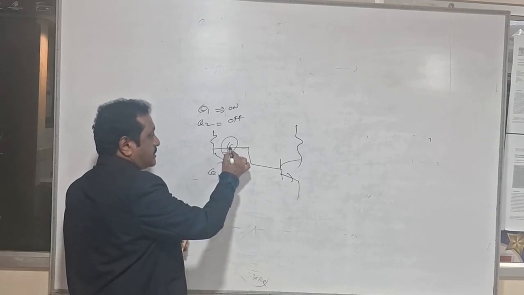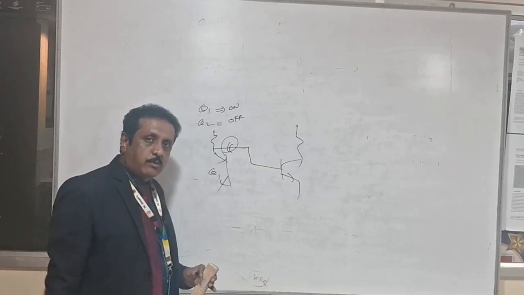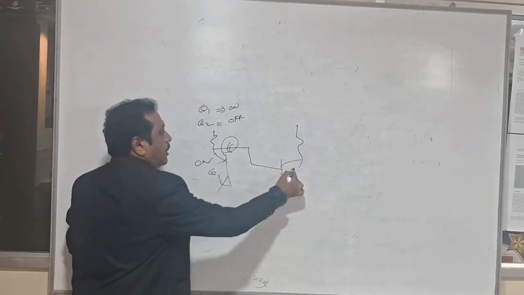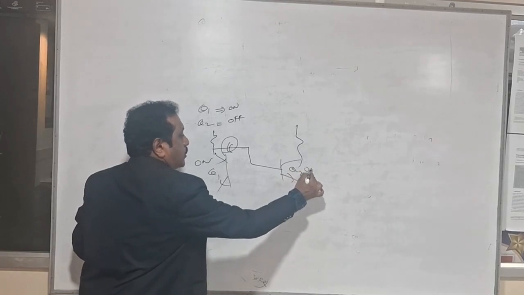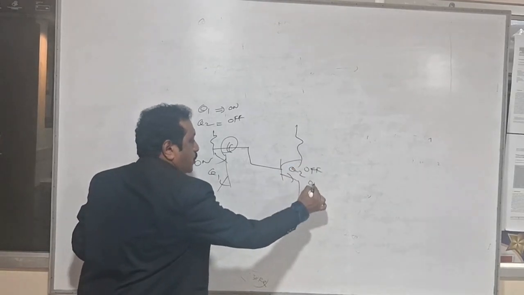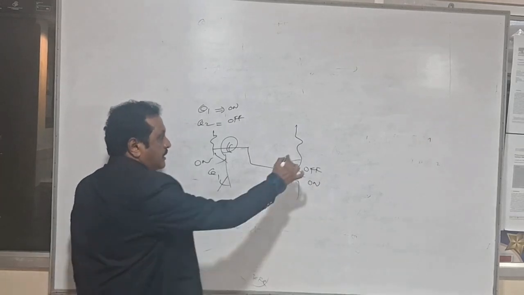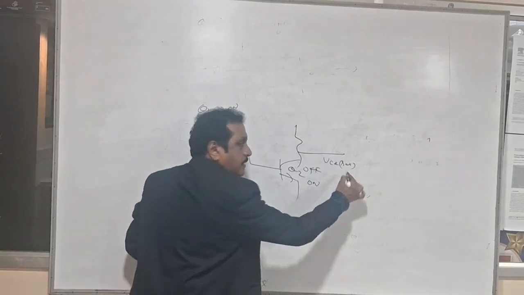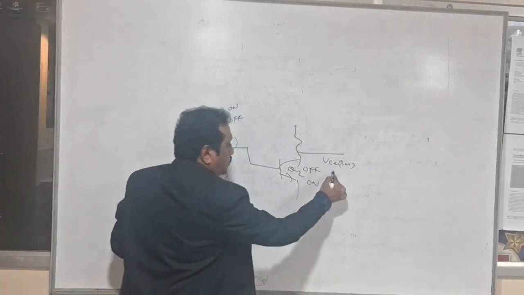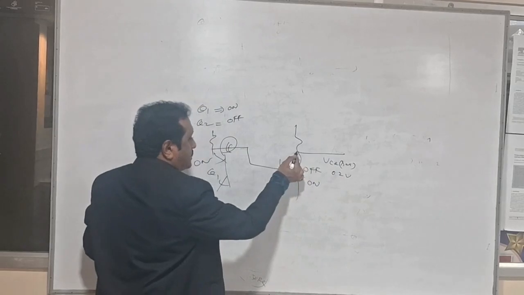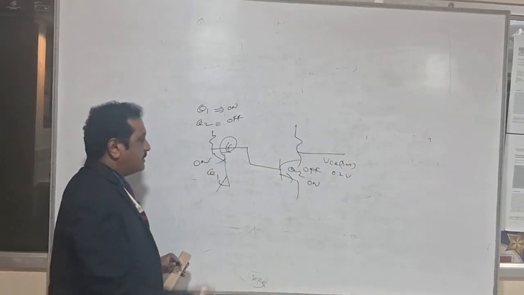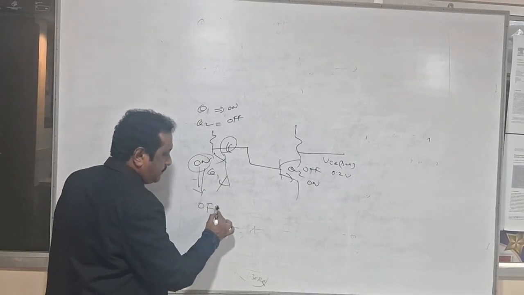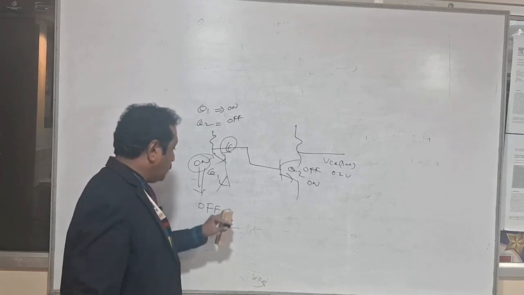The voltage across the capacitor will be given to the base of the second one. When it reaches 0.7, that drives Q2 to on state. Once it goes on, the corresponding collector voltage is VC saturation, which is 0.2. It is given back to the base of Q1, which is less than 0.7. Then Q1 goes to off state.